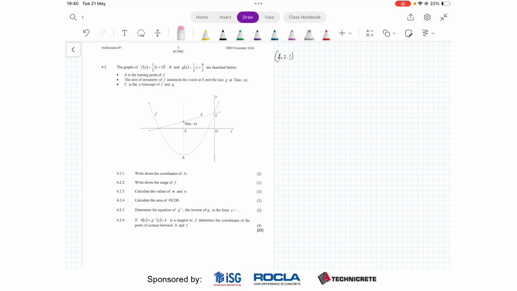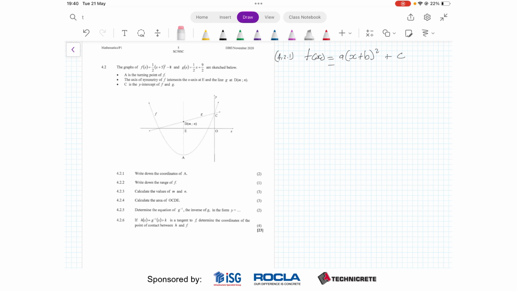So for the coordinates of the turning point, if you are given a function in the form y = a(x + b)² + c, the turning point is given by (−b; c).